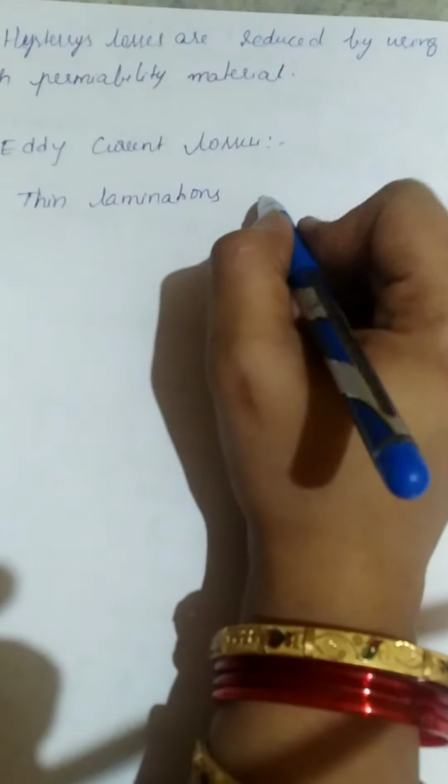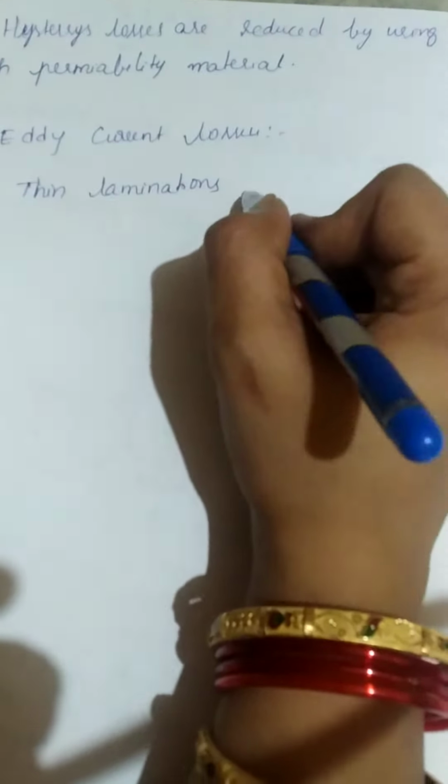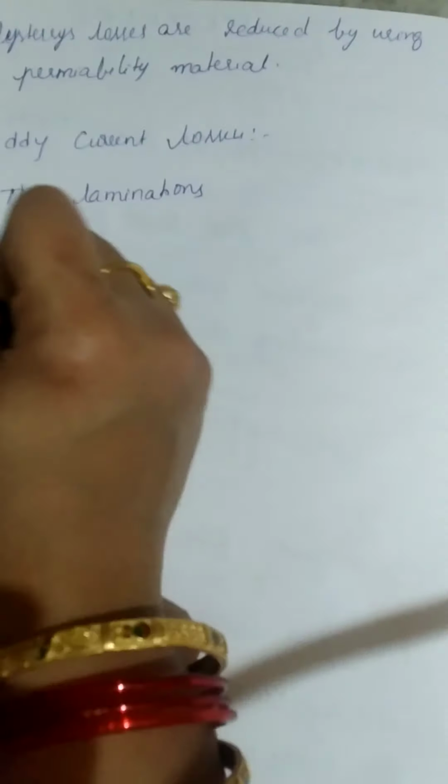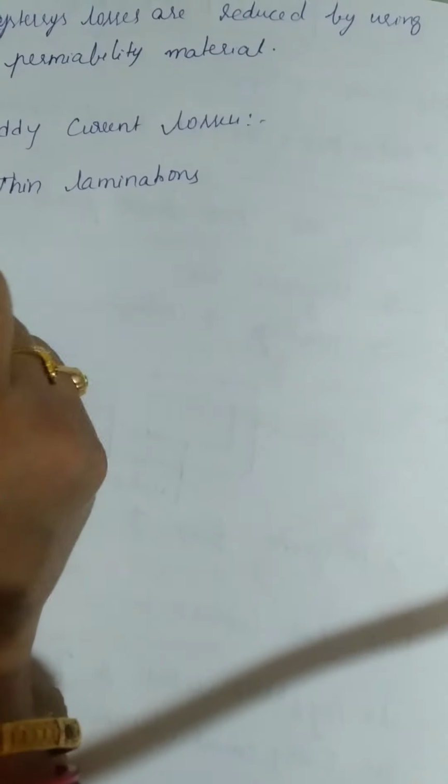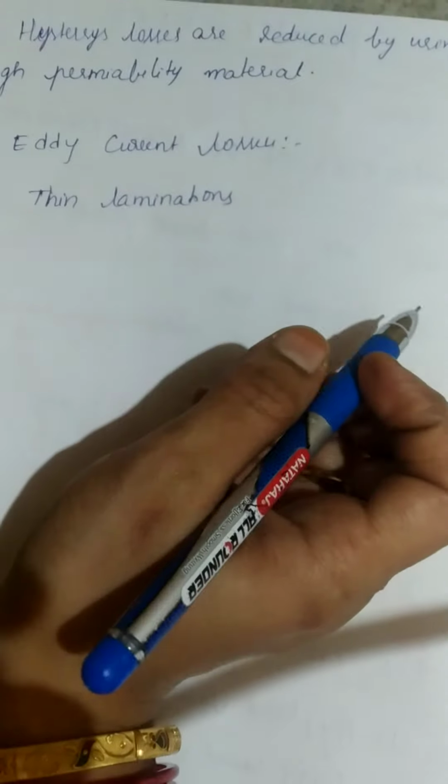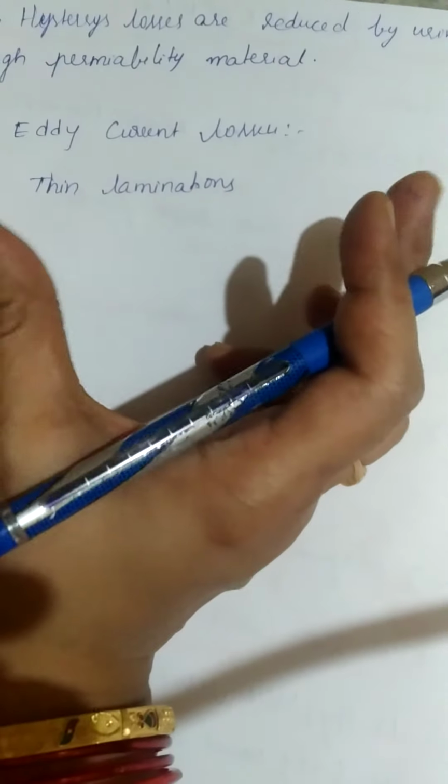Eddy current losses happen because of high width of material.